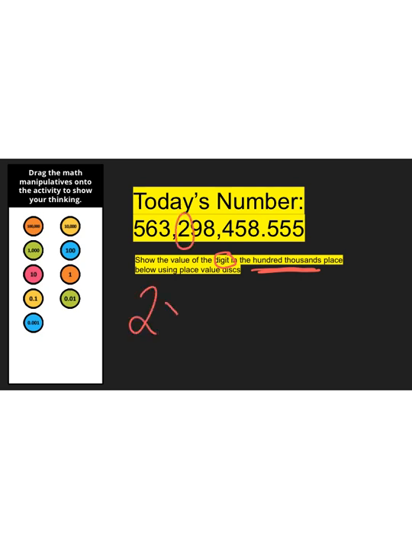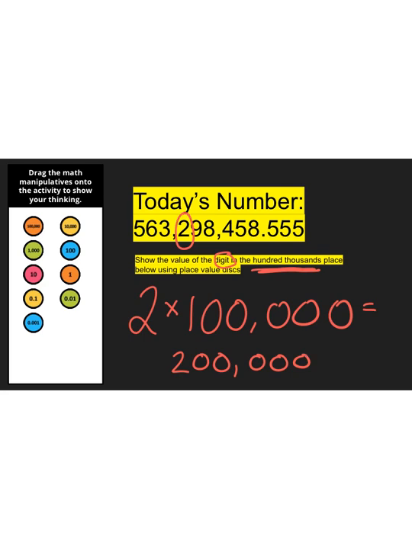So it has a value of 2 times 100,000, or 2 groups of 100,000. So this digit 2 does not have a value of 100,000. It has a value of 200,000. So you need to have 2 of these discs here. 200,000 discs.